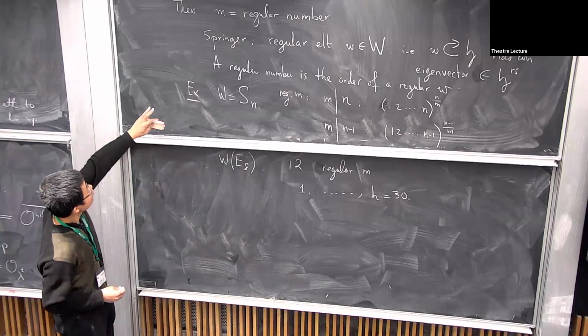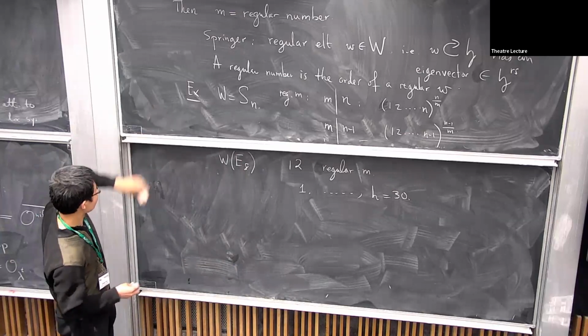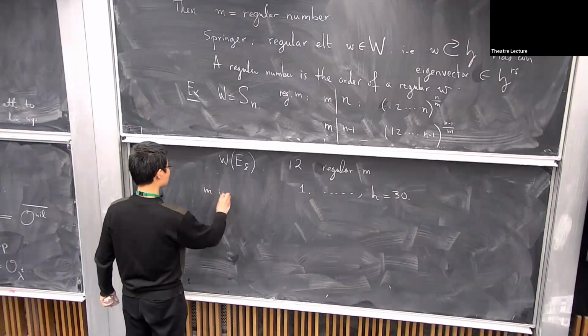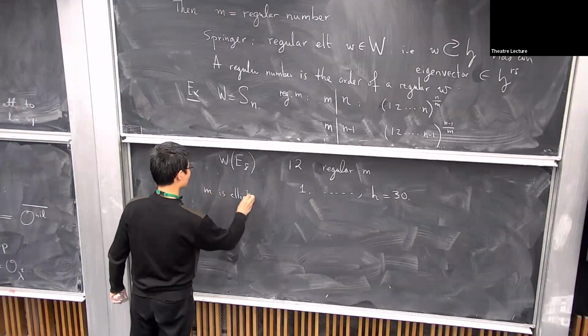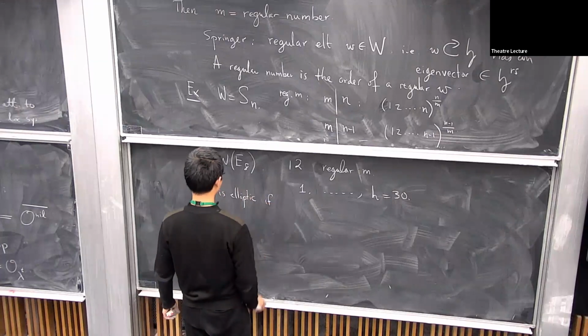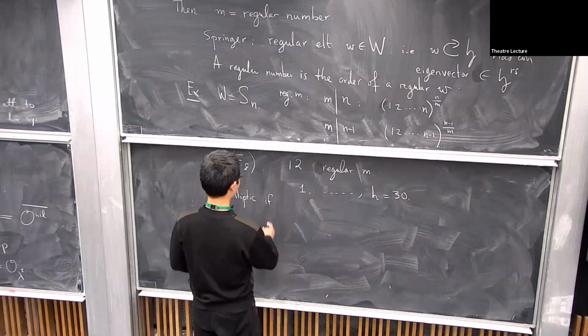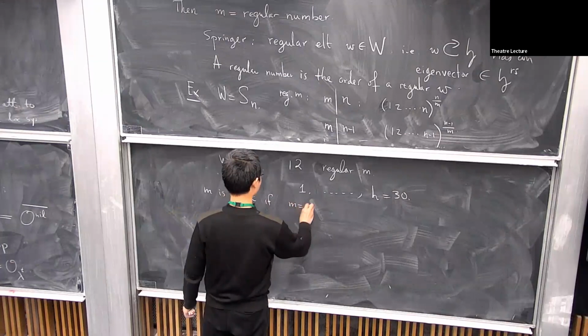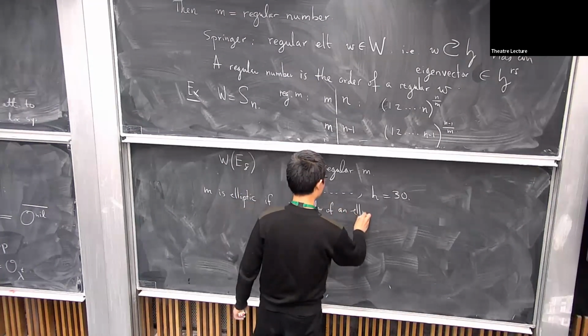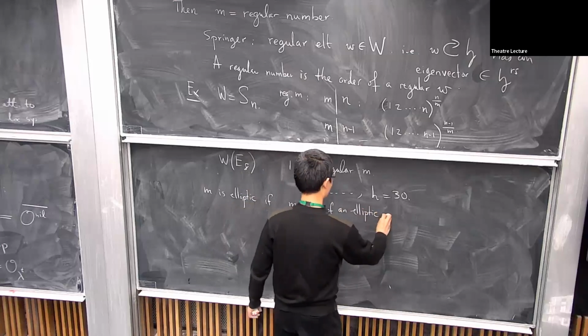And these, okay, m is called elliptic if this m is the order of an elliptic regular element.